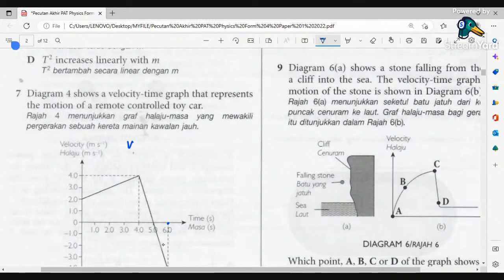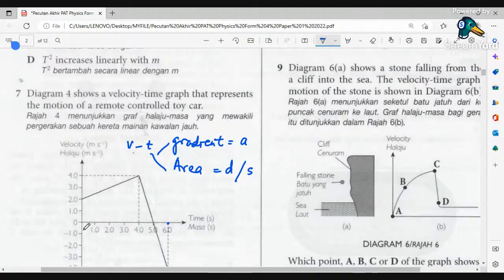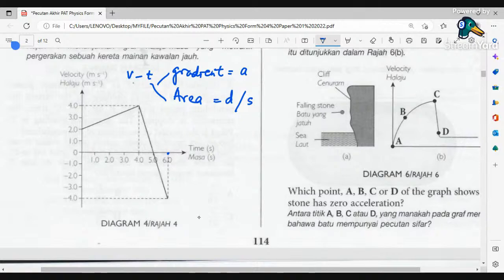Okay, this is a VT graph. What can we get from a VT graph? Gradient equals acceleration, area equals distance or displacement. So if you want to find displacement, you calculate the area under the graph.